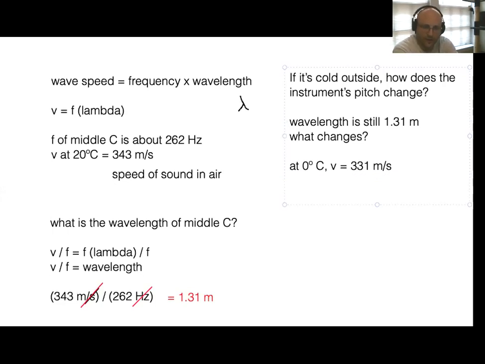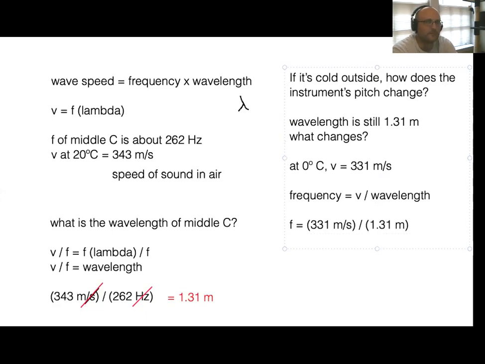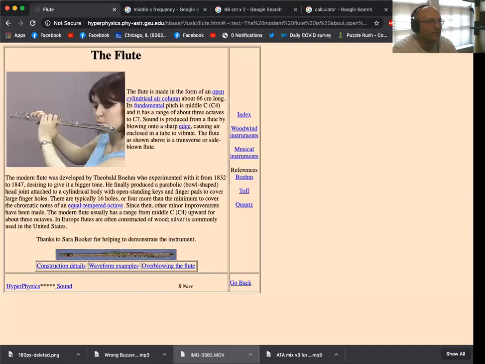So what's the consequence of that? Well, frequency is speed divided by wavelength. So what is that? 331 meters per second. The wavelength is 1.31 meters. So what I've done is determine the numbers that I need to divide.